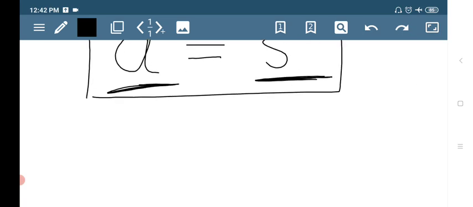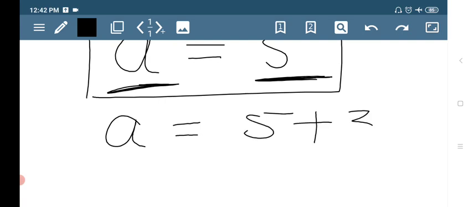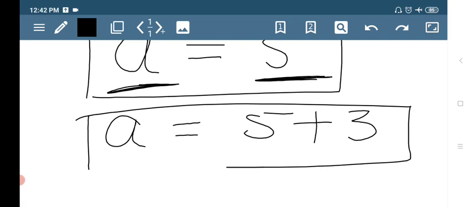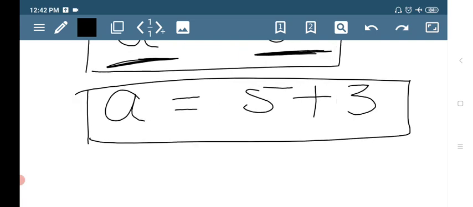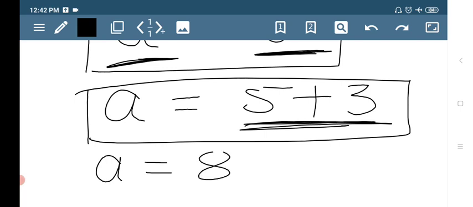So if I have like a is equals to 5 plus 3, what is the meaning of this? The value of a is equals to 5 plus 3, that is 8. Got it?